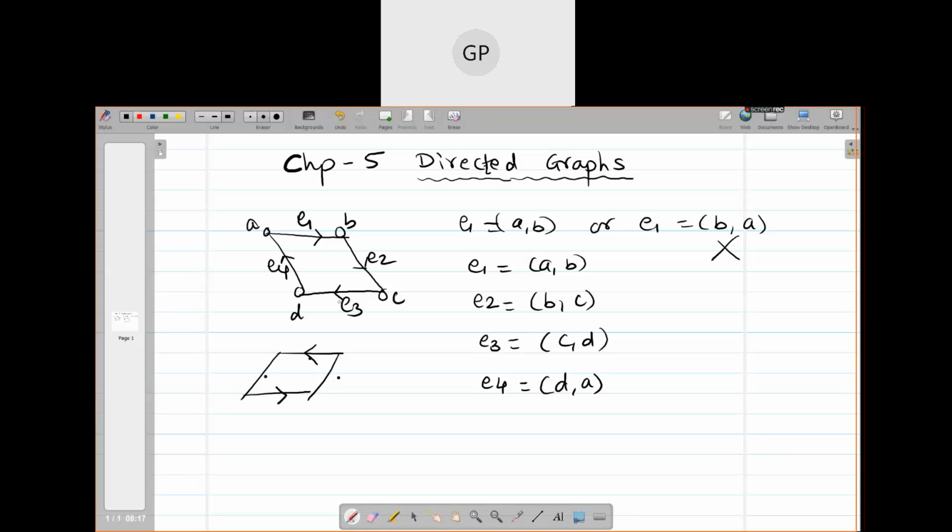Now, as we are giving directions, the degree of a vertex is defined differently. In an undirected graph, I have the same graph, A, B, C, D, E1, E2, E3, and E4.